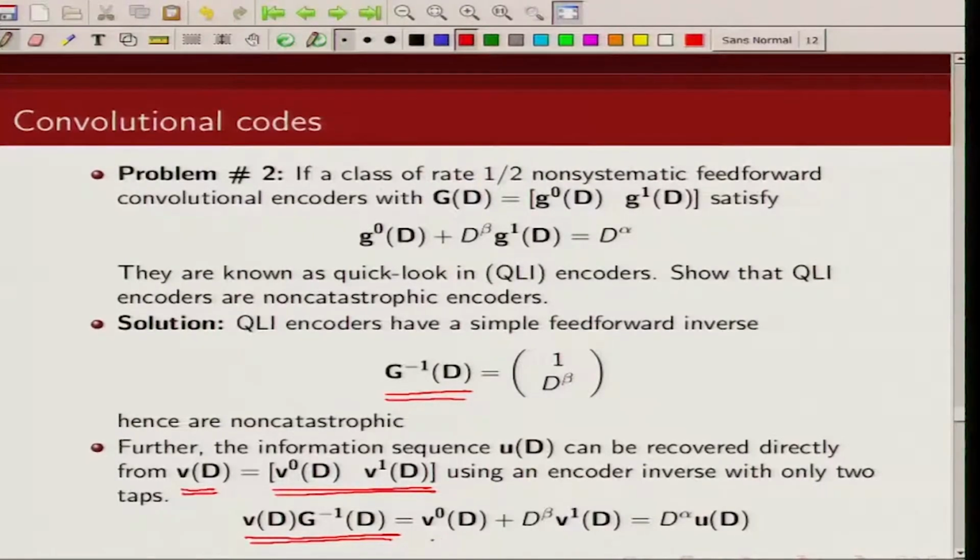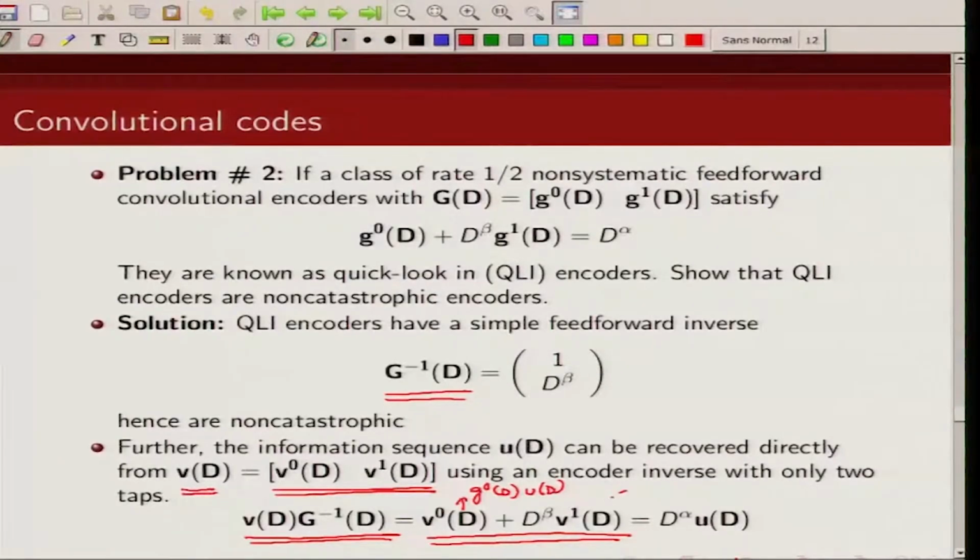Now, we know that quick look in codes have this property that G0D plus d beta G1D is d alpha, and V0D is equal to G0D times UD.